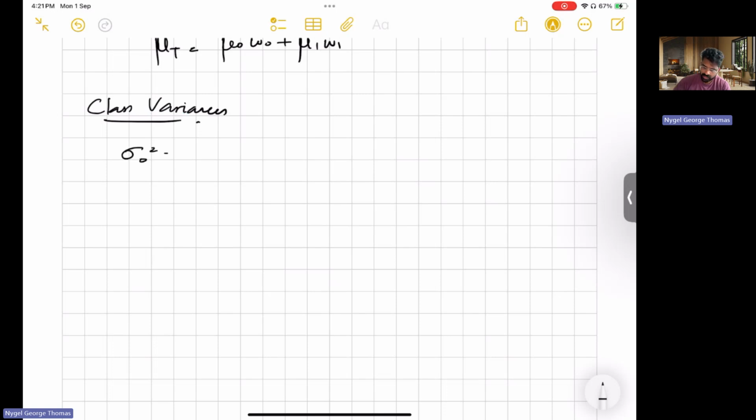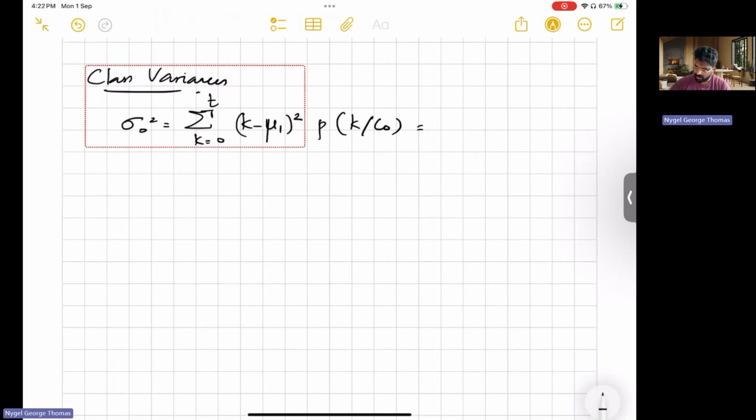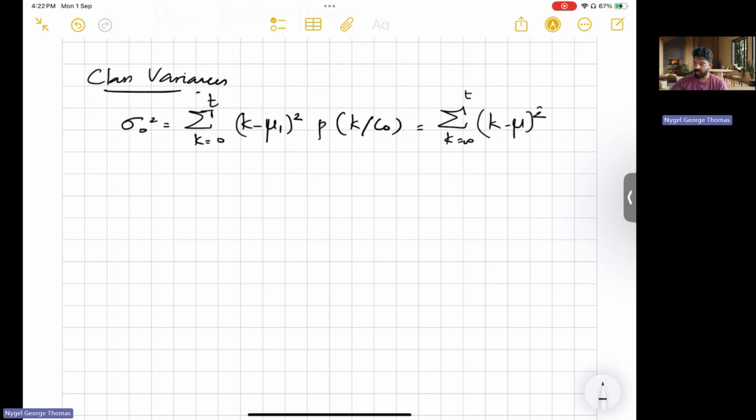So sigma naught squared is the sum over values k equal to 0 to t, k minus mu0 squared P of k given C0, which indeed is sigma k equal to 0 to t. We've already seen what P of k given C0 is. It is P of k divided by omega naught.